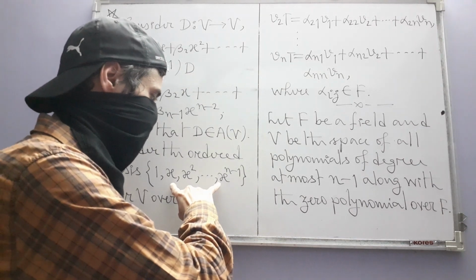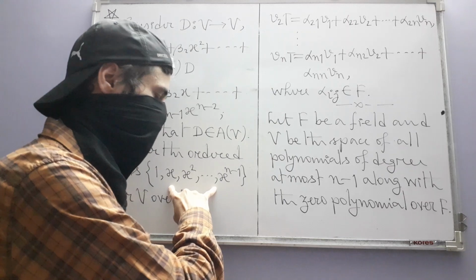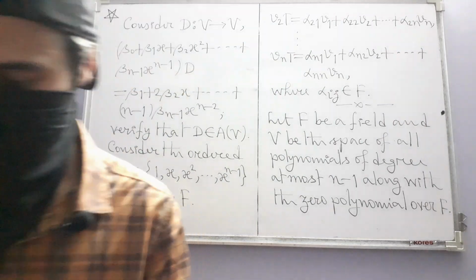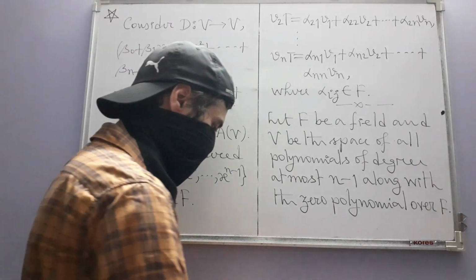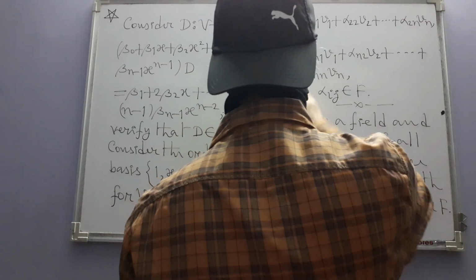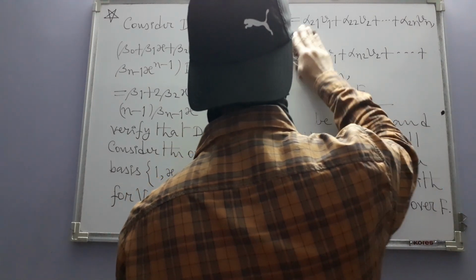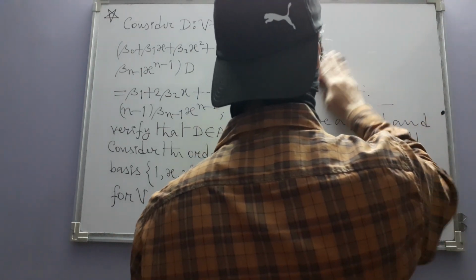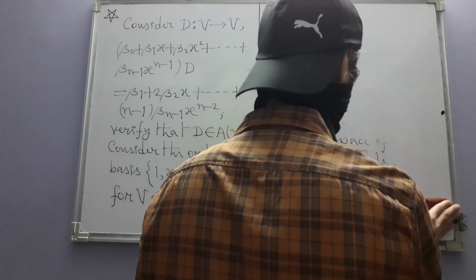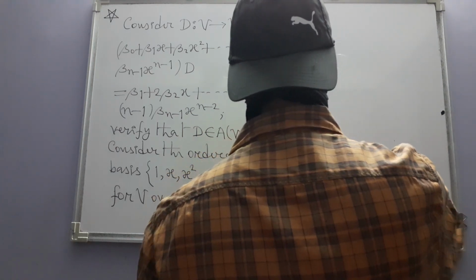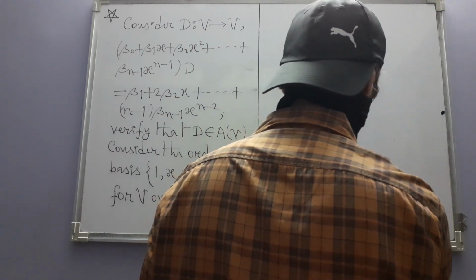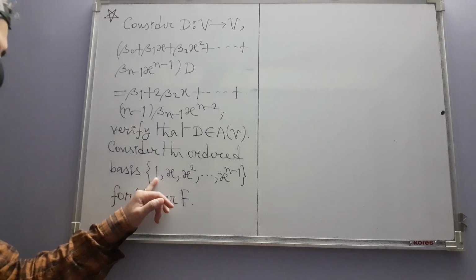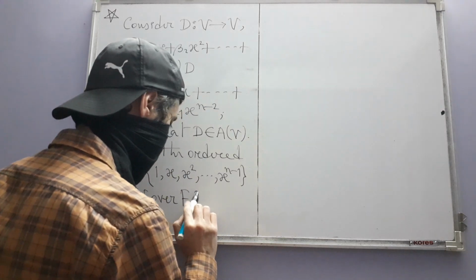Now let's try to calculate the matrix of D with respect to this ordered basis. For that we need to first know those equations. What we get when we apply D to the elements of this basis, to these vectors in the given order. So we start by applying D on 1.